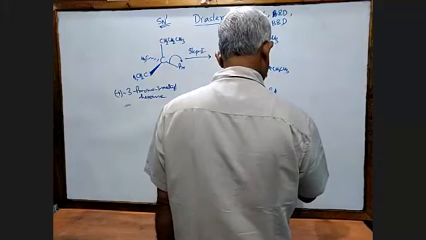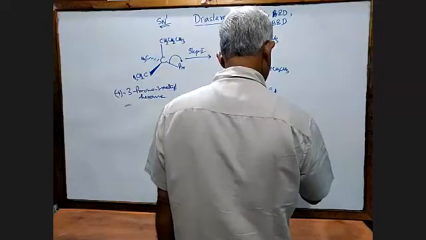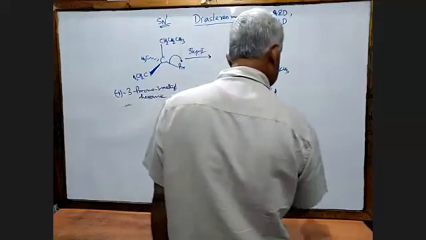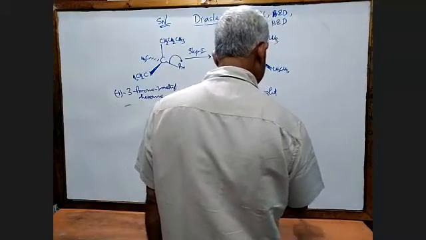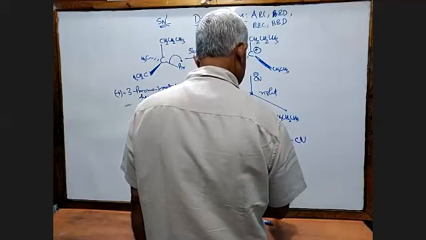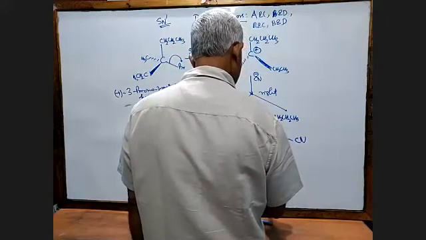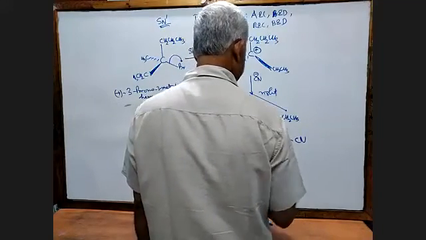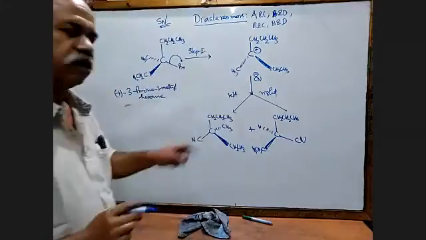So this is CH2, CH2, CH3. Now cyanide has attacked from the right-hand side, so here cyanide. This is the ethyl group, CH2, CH3, H. So I have got two.